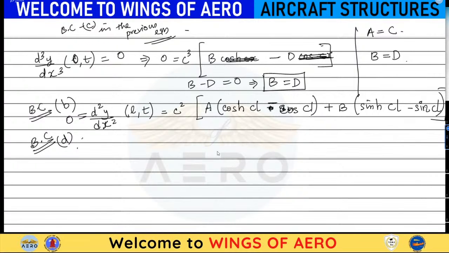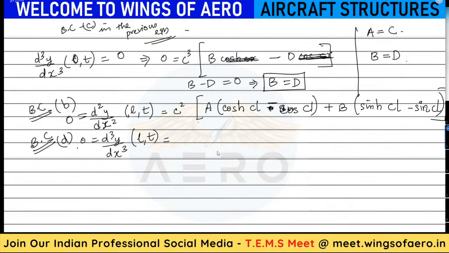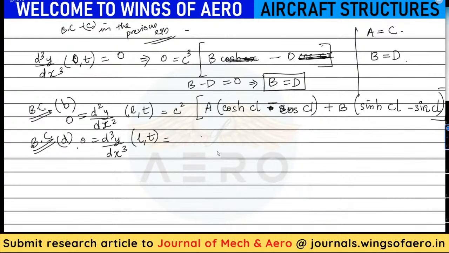What was the last condition? 0 equals to d cube y by dx cube at L comma t, right? So you substitute the values and tell me what answer you're getting, and check whether you're getting something like this or not.